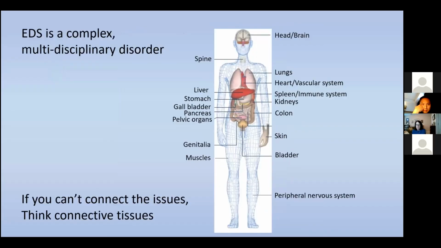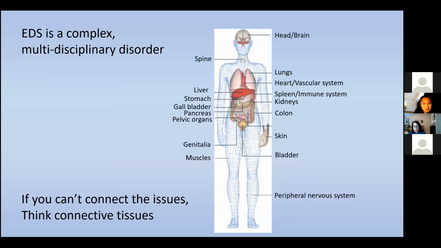Now, just for a few minutes, I'd like to talk about the fact that Ehlers-Danlos syndromes in general are complex and multidisciplinary disorders. And we know most of the patients we see have hypermobile Ehlers-Danlos syndrome. Many of the patients who are diagnosed with hypermobility spectrum disorders also present with complex multidisciplinary issues.